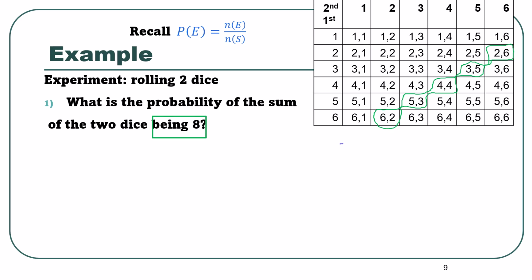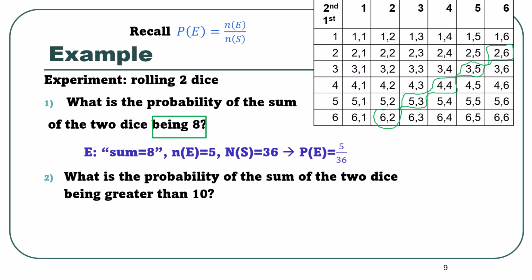Now I know the numerator of my probability, and I also know n of S, the total number of outcomes in my sample space, which is 36. So the probability of the sum being 8 is 5 over 36.